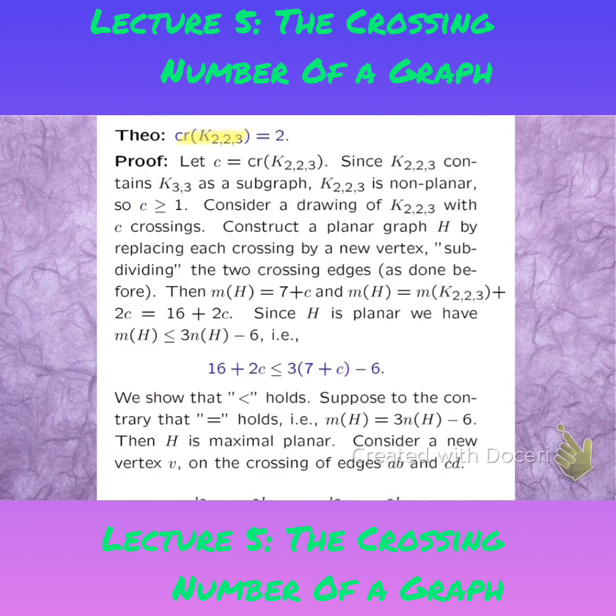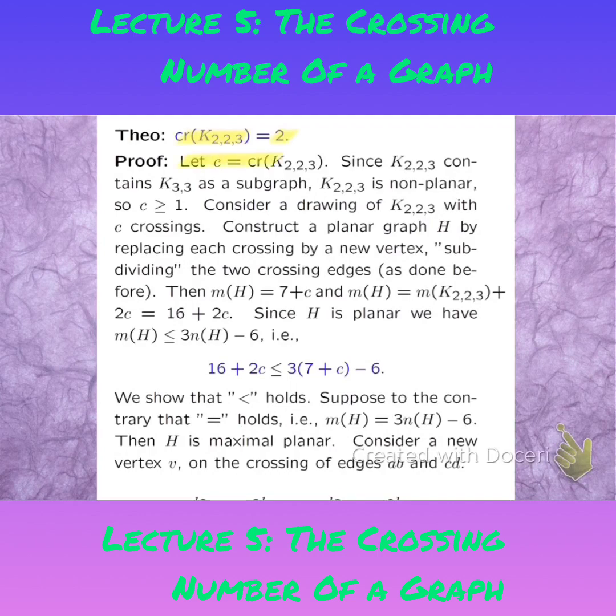It turns out the crossing number of this graph is exactly 2. So again, how do you prove that it's exactly 2? You exhibit a drawing that's got 2 crossings, so you prove the upper bound, and then you find a lower bound for the crossing number, and that lower bound needs to be at least 2, and then you've got equality.